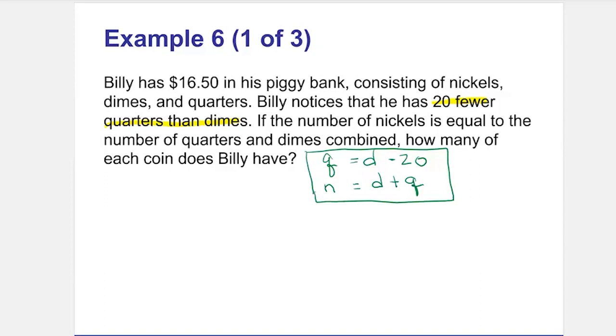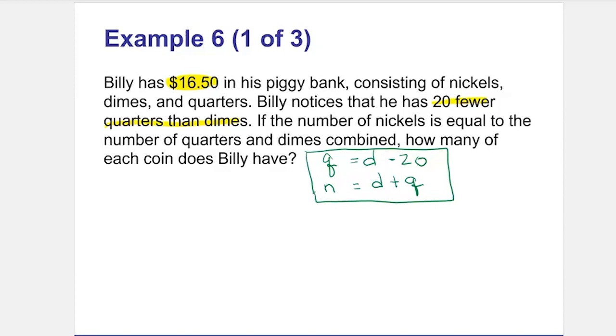And that tells me how much money I have. If I have 5 nickels, I have 5 cents times 5, or 25 cents, right? So that's how we're going to figure out how many of each coin we have.